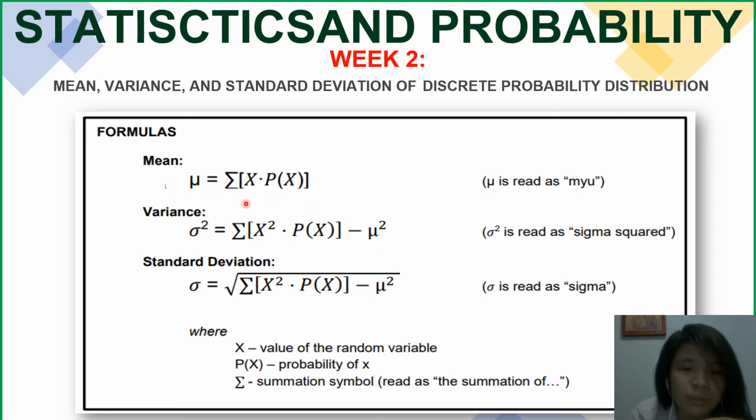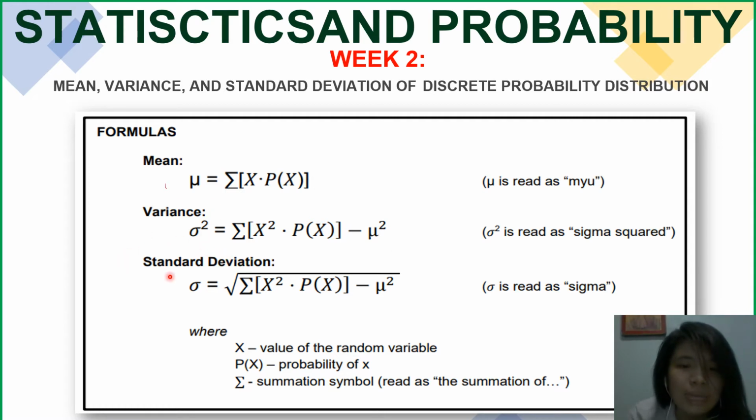So first, you solve for the parenthesis first, which is x squared multiplied by p of x. Then you get the summation of it, and you subtract it by mu squared. That is for the variance.